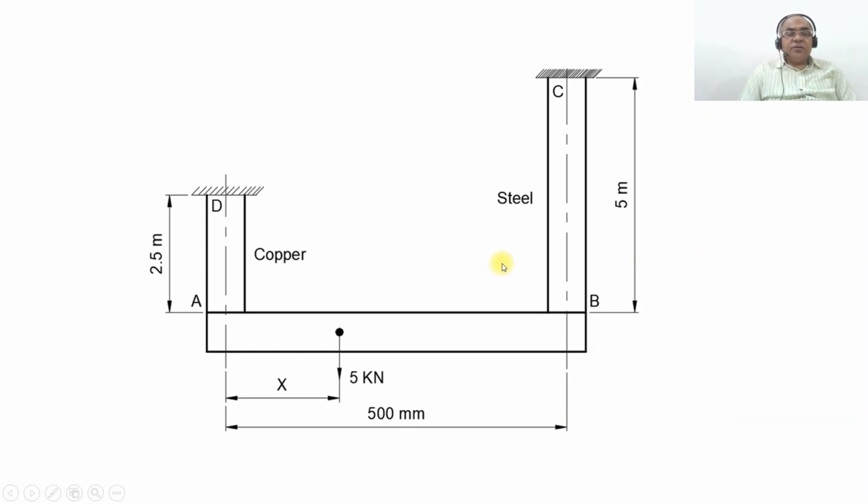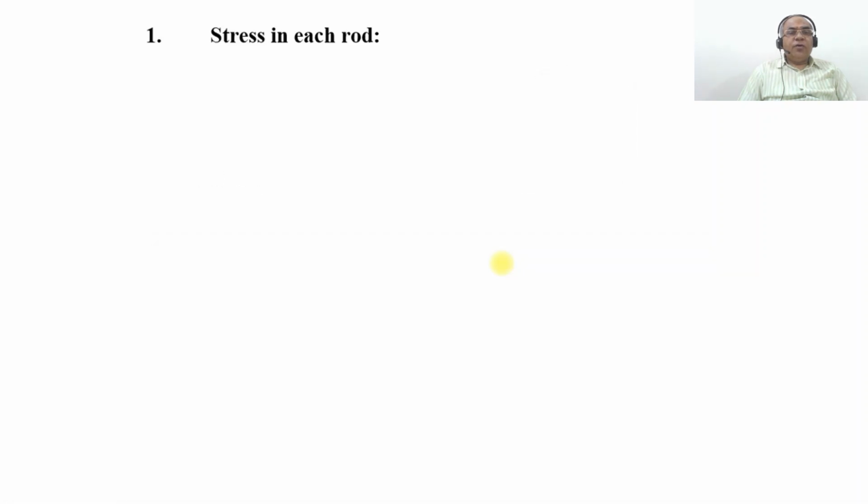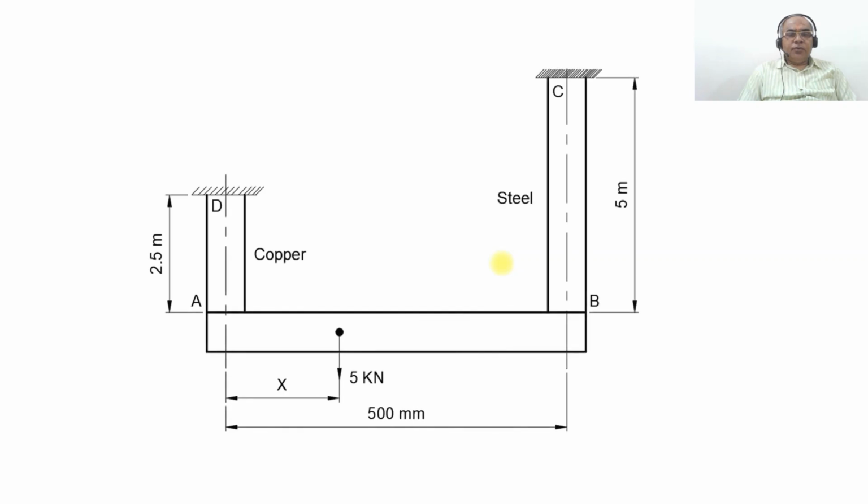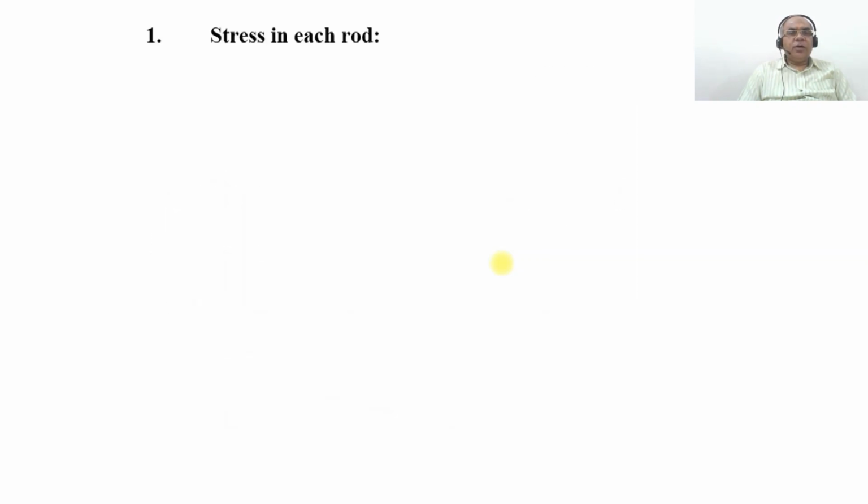To do that, first we go for the stress in each rod, that means the stress in both the copper and steel rods. For static equilibrium, the load on the steel rod plus the load on the copper rod will be equal to the total load, which is 5 kilonewton, that is 5000 Newton.